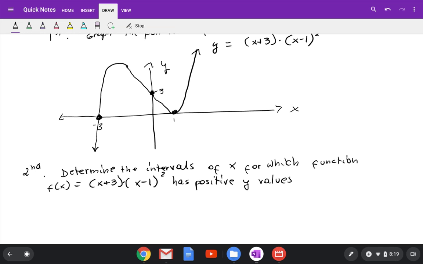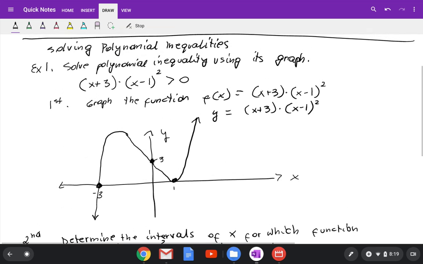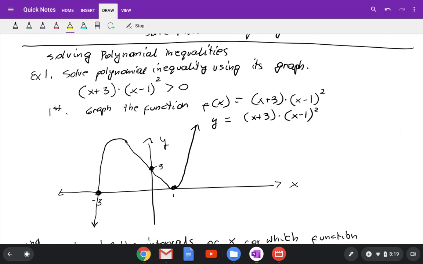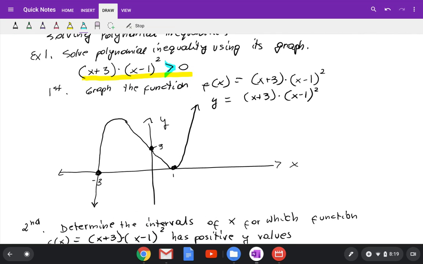Okay, so let's go back. This is our original polynomial inequality. Like you see, we have x plus 3 times x minus 1 to a second power. We graph that function. The inequality symbol is a strict inequality. This function has to be greater than 0. So technically, when you're solving a polynomial inequality, you're looking for intervals on the x-axis for which the y values are positive because we have greater than 0.